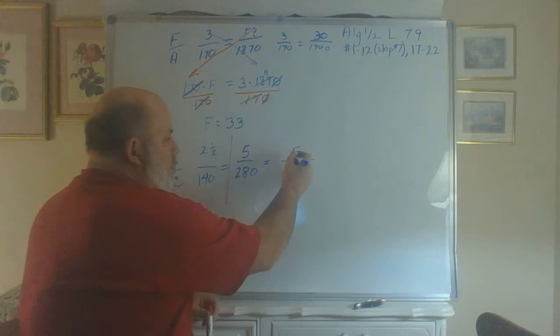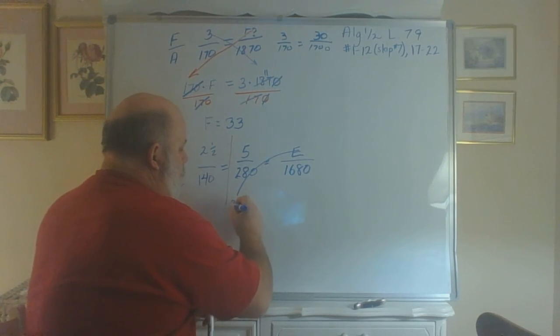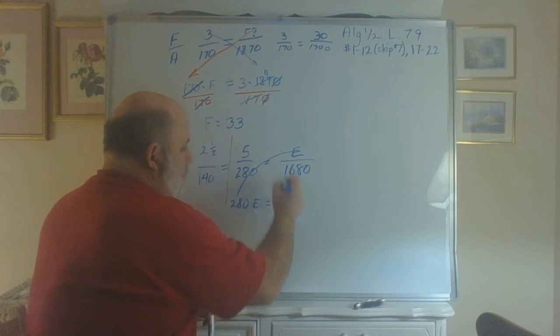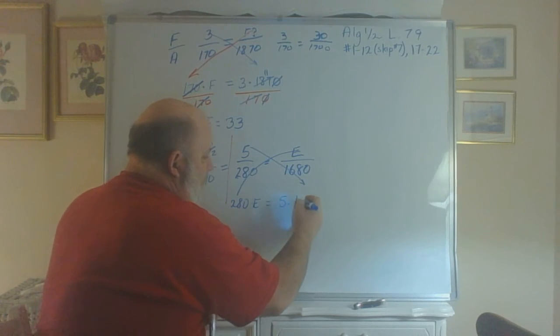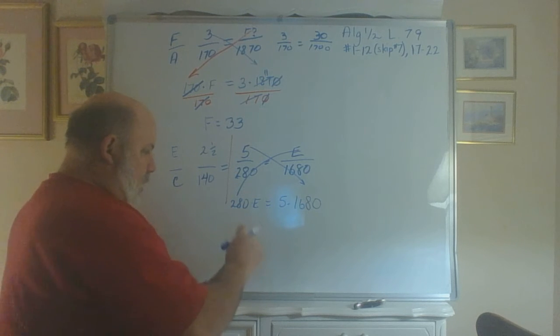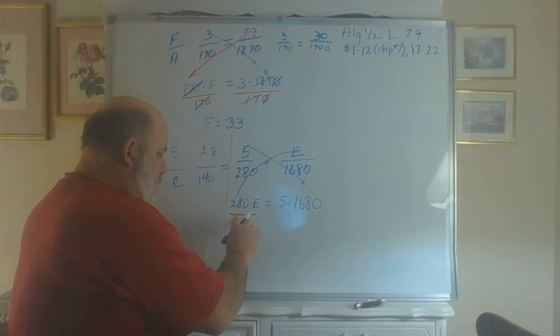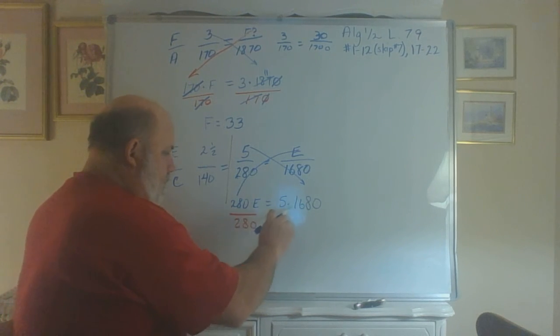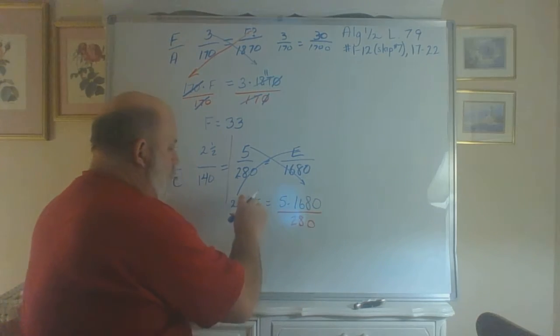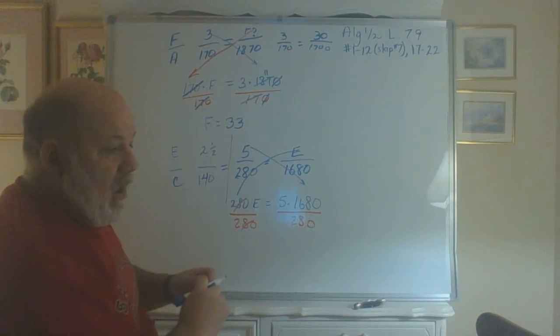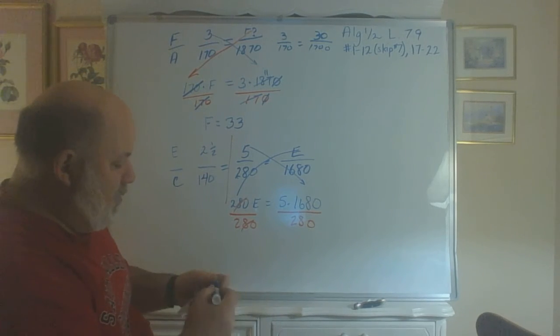Okay, let's cross multiply. 280 times E equals 5 times 1,680. Getting E by itself, divide by 280, divide by 280. Those cancel. And I am going to use a calculator on this.